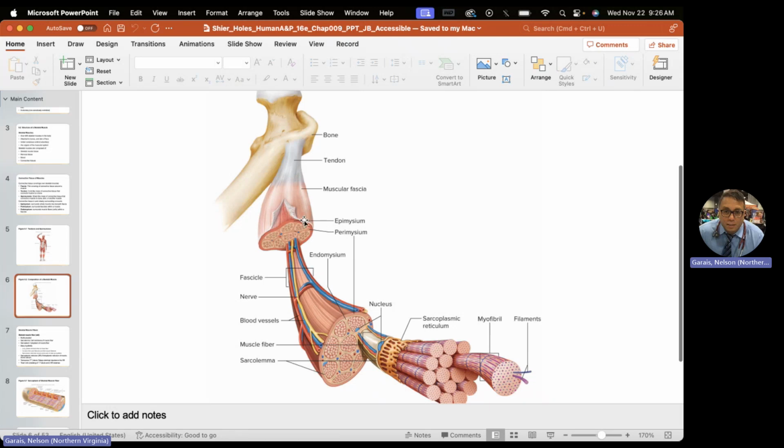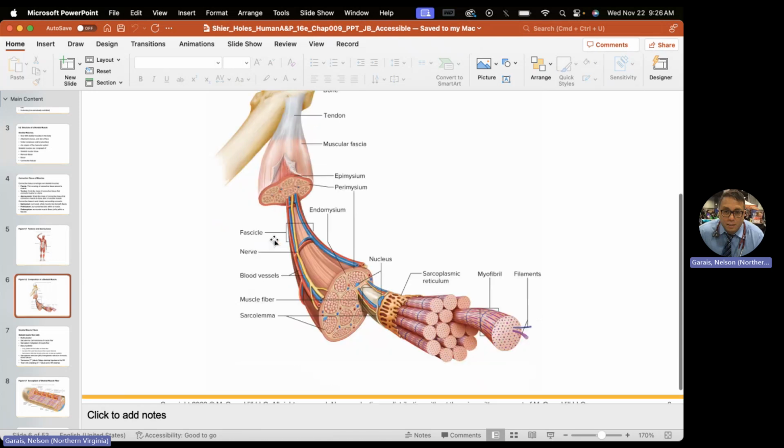Fascia is the covering of the entire muscle. And if you look at the tendon here, it's connecting the muscle to the skeleton, hence the term skeletal muscle. You then see there's, in order to make a muscle, you got a whole bunch of fascicles, which are these structures here.